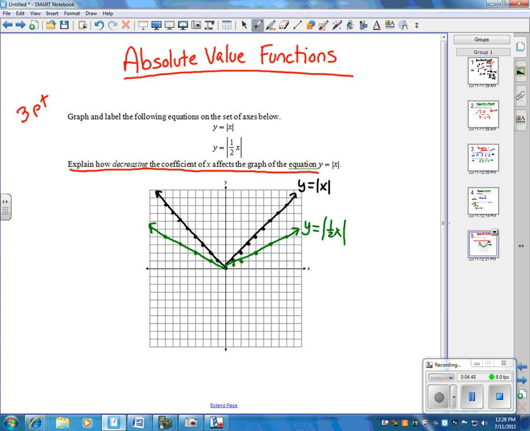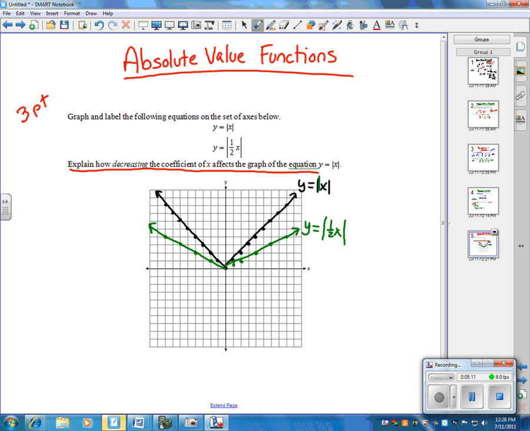If we take a look, based on what we see here, really the shape doesn't change, but what does change is that we have a graph that opens up more when you have a value that's less than the coefficient in the first one, which is 1.